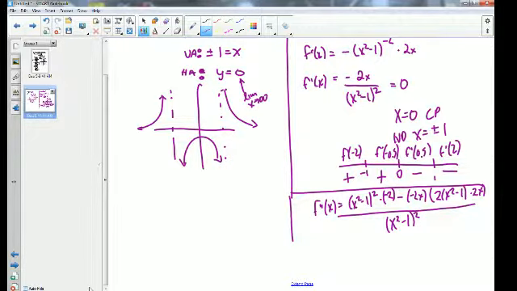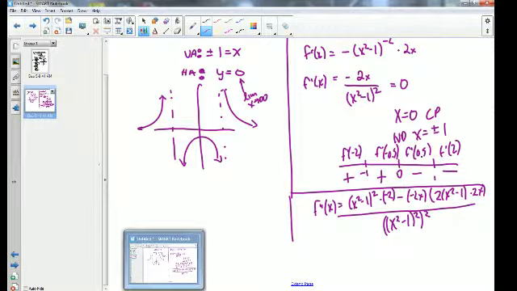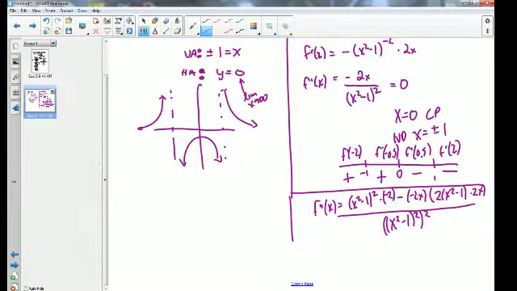Wait, wouldn't that be x squared minus 1 to the 4th? Oh, yeah, it would. On the bottom, x squared minus 1 squared squared? Thanks for that. Told you to watch it.